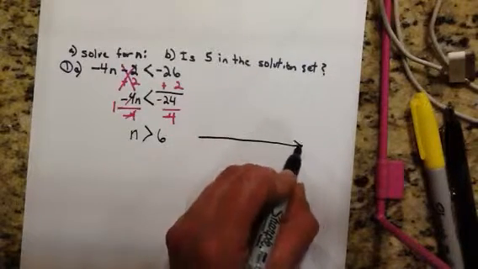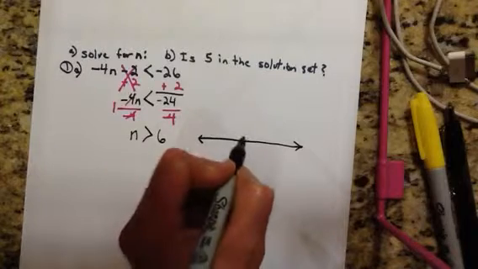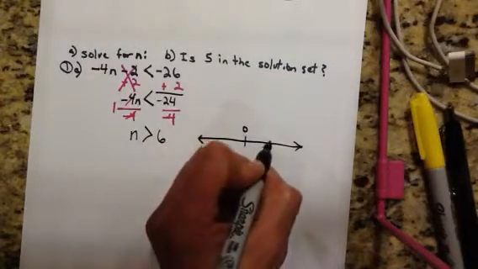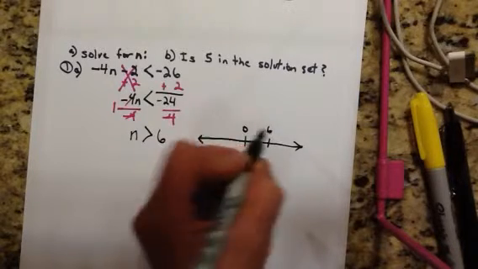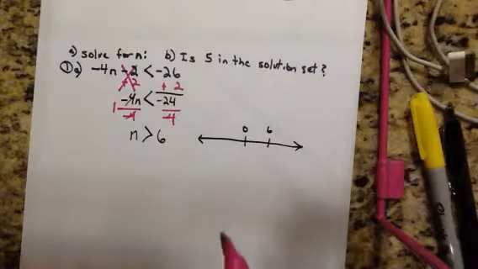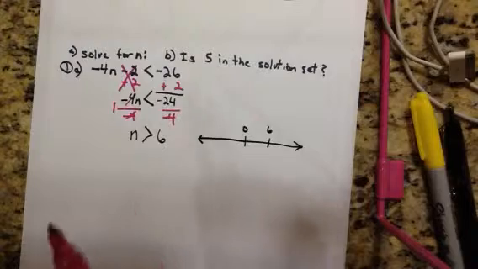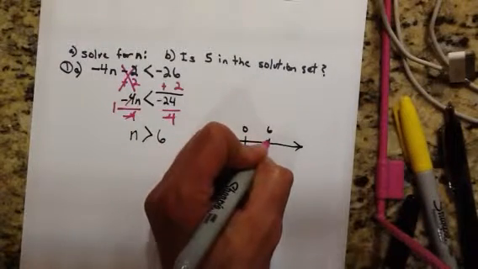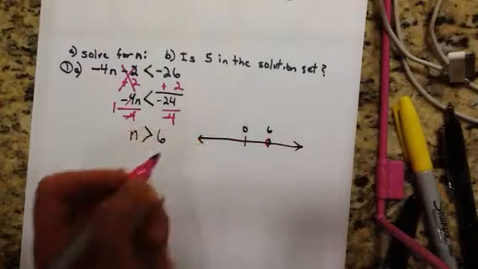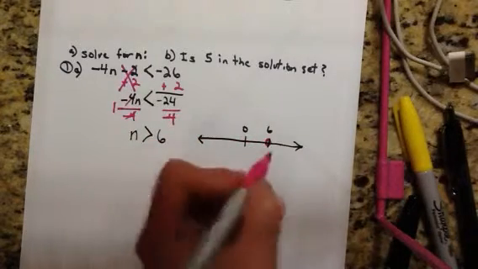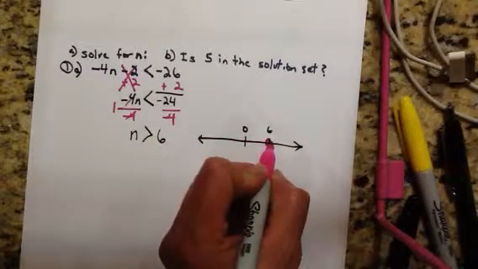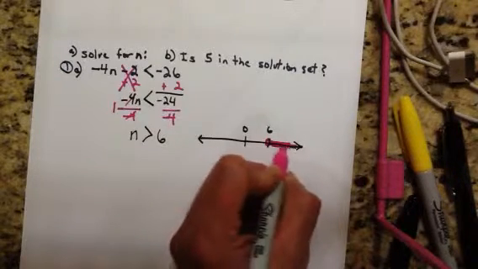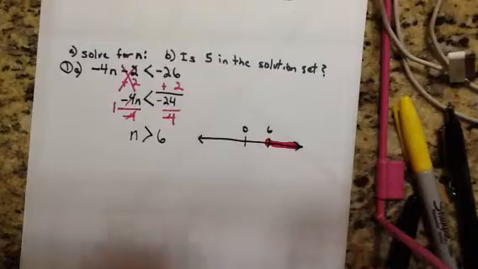So let's draw a number line. And let's say 6 is here, and I am going to represent the solution set with an open circle on 6, indicating that 6 is not a part of the solution, and it says all the possible solutions is everything greater than 6.